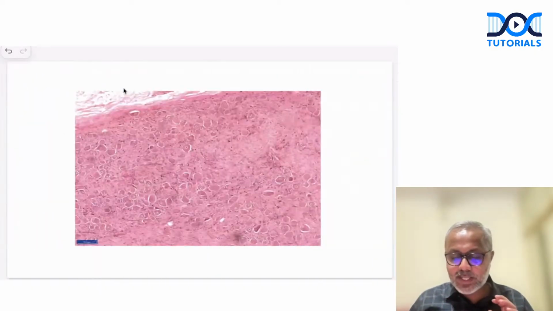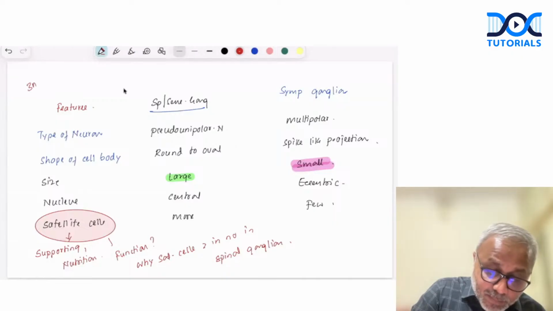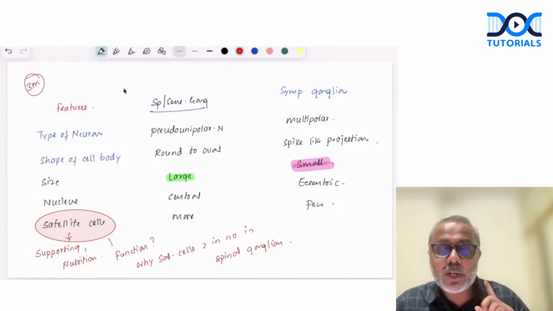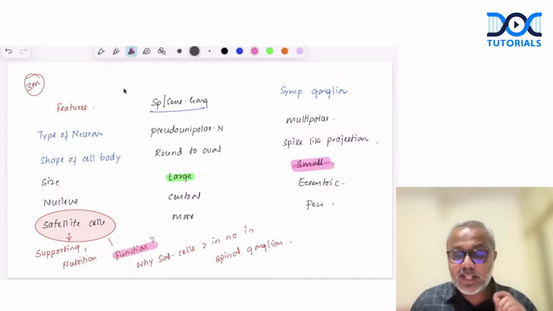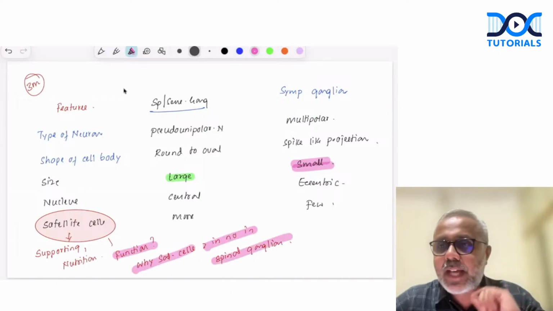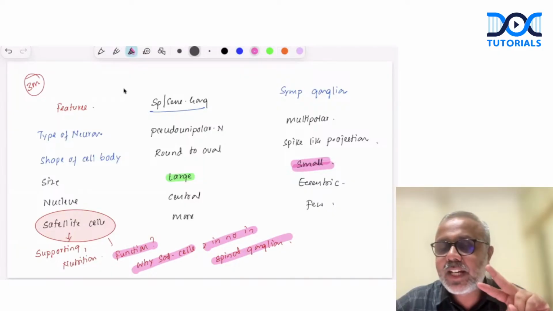We have summarized the differences, and this could also come as an important 3-marker question for your exam. We also discussed one important viva question that they can ask: why satellite cells exist, and why they are more in number in spinal ganglia. So this is a quick revision of the two very commonly confused slides in nervous tissue.